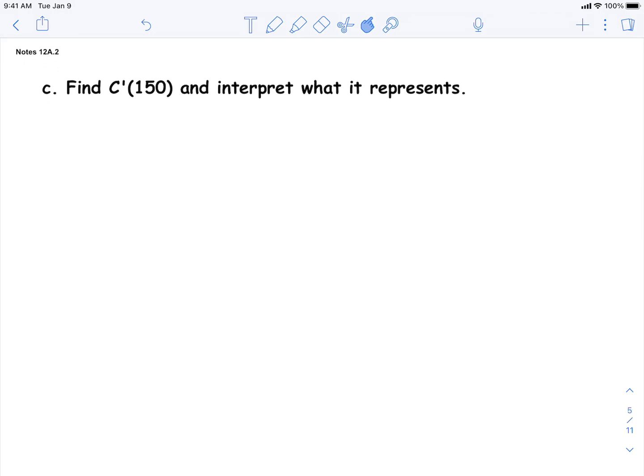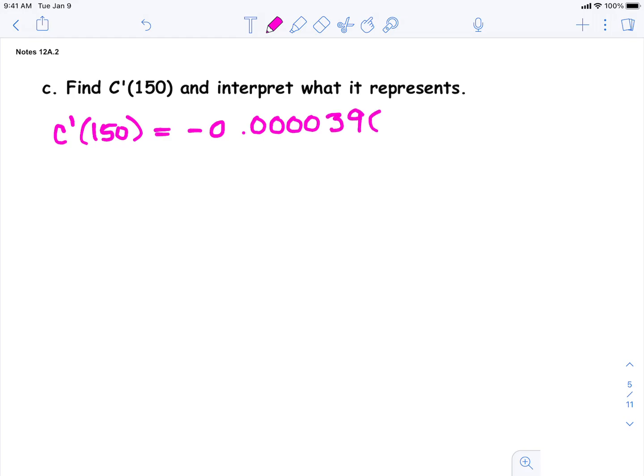Part C says find the derivative function at a value of 150 and interpret what it represents. So we are going to substitute 150 into our derivative function from part B, and then we would use our calculator to simplify that.